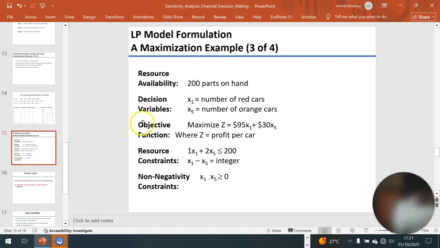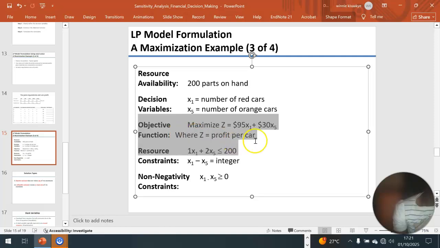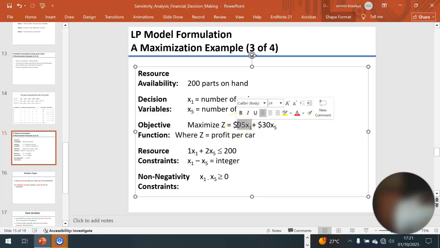The objective function, we are maximizing profits, and for us to maximize profit, we shall need to get the product of the profit per unit of a given car model times the levels of production.